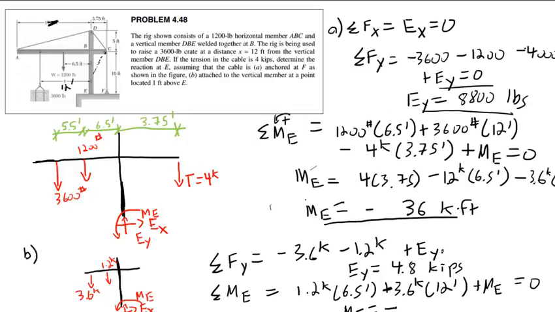So ME then is going to be equal to negative 51 kip feet. Negative 51 kip feet.